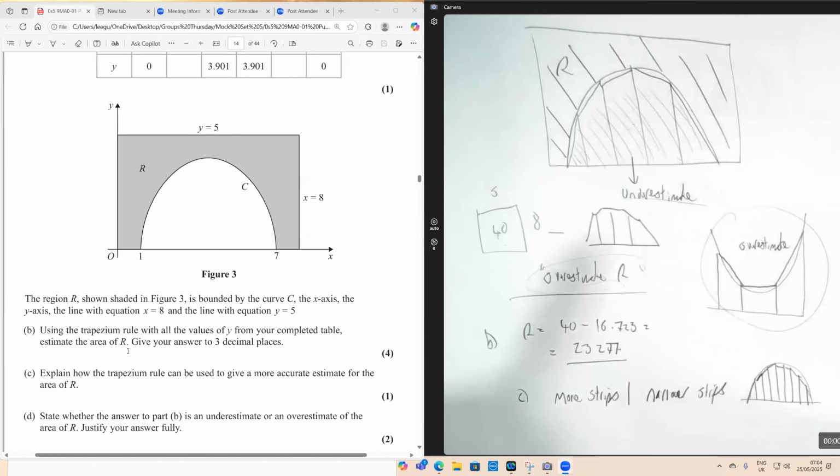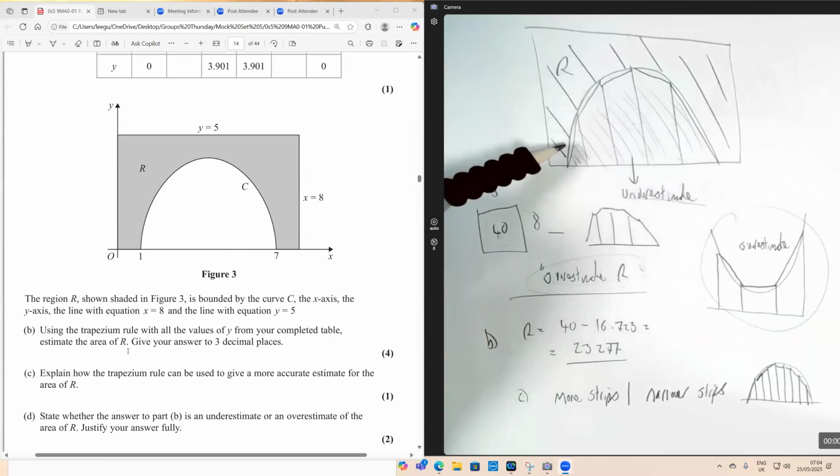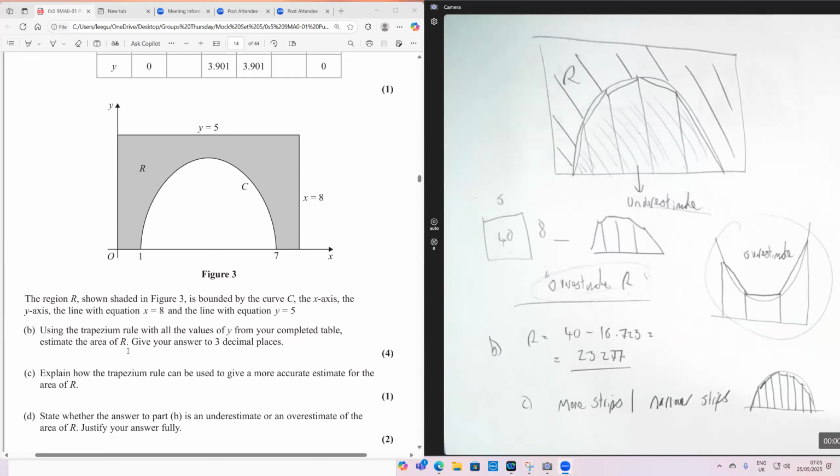They'd want you to say we have an overestimate, and explain that it's an overestimate for R because we've had to include these extra little bits that the trapezium rule didn't get. So it's giving us a slightly bigger value for R than we would have got otherwise. And I would even draw a little sketch like that, because a picture is worth 1,000 words and would help to illustrate it as well.